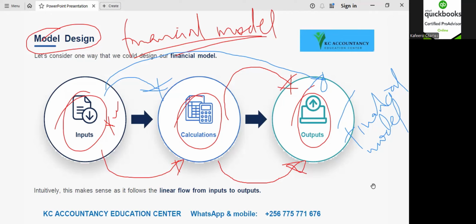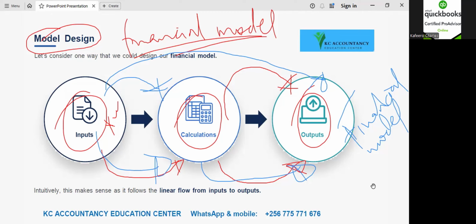So we are trying to go through a logical process of moving from the inputs that we have all the way to the financial model, all the outputs that we need, our endpoint, because it is the financial model our audience is interested in looking at.